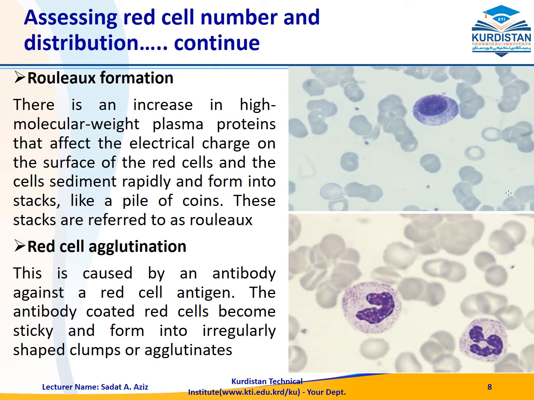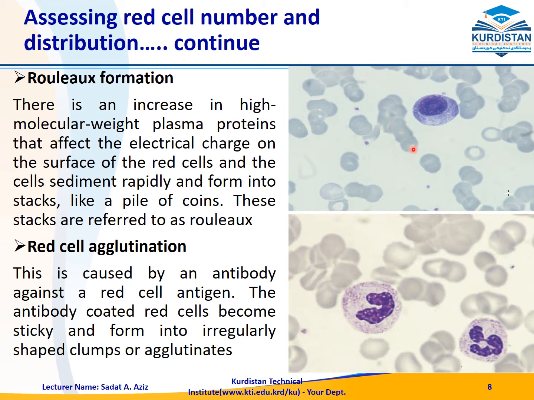Then, when you prepare a slide, when the concentration of high molecular weight plasma protein is high within the blood, that affects the electrical charges on the surface of the cells, and the cells sediment rapidly and form stacks.